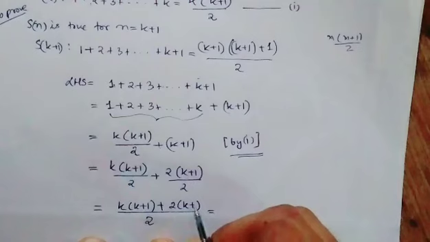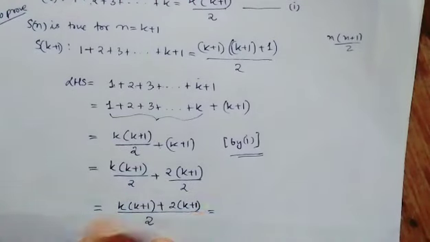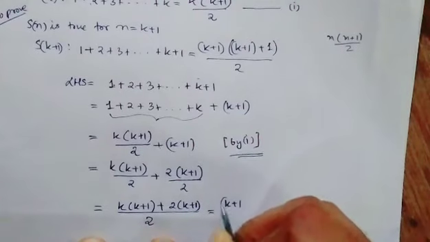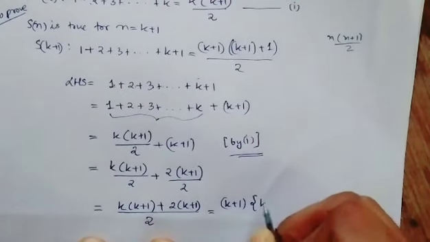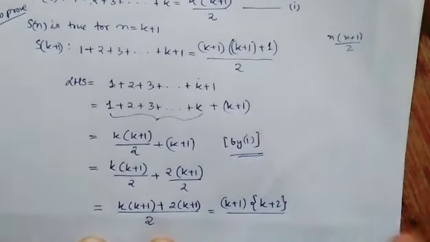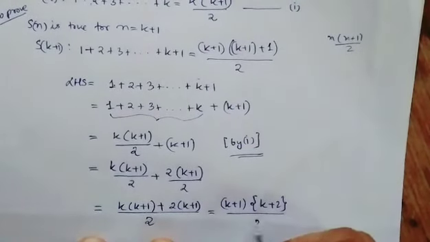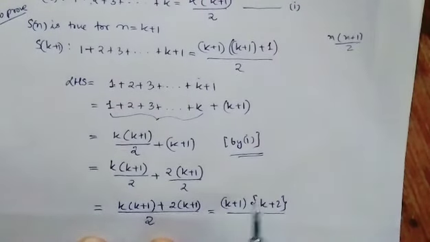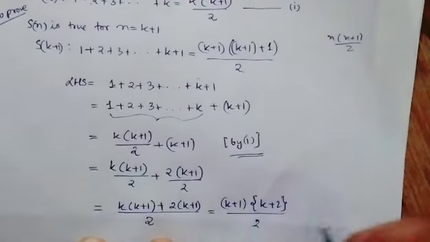So we take k plus 1 common. What are we left with within the bracket? k plus 2.